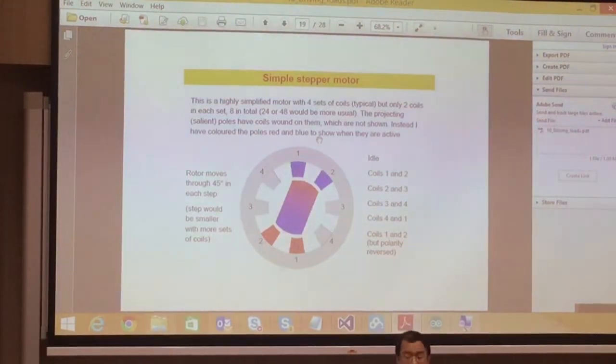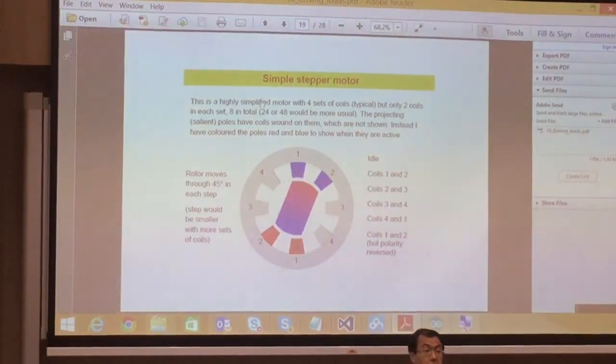Do you agree? Now you have only 4 coils here, right?